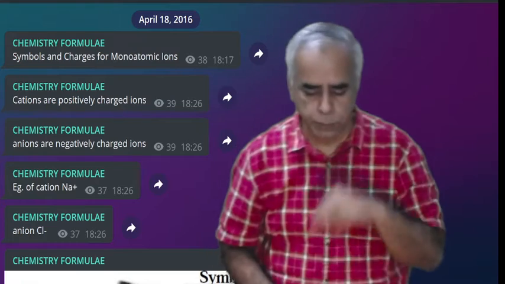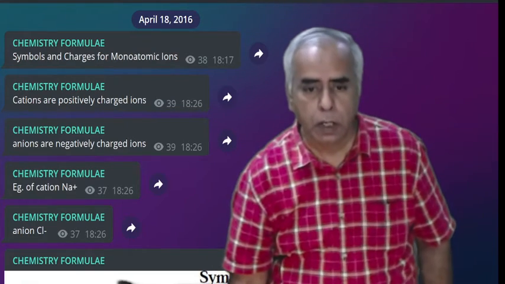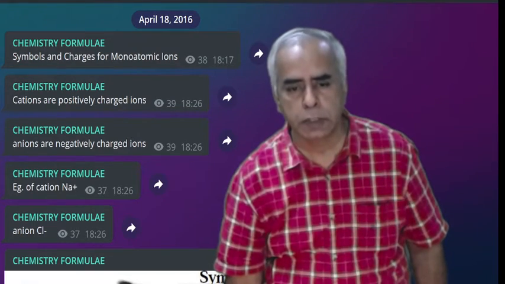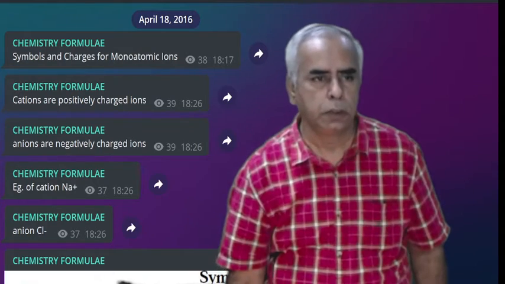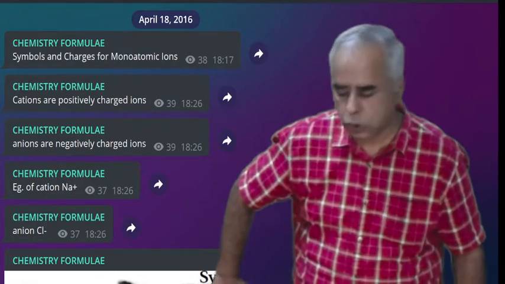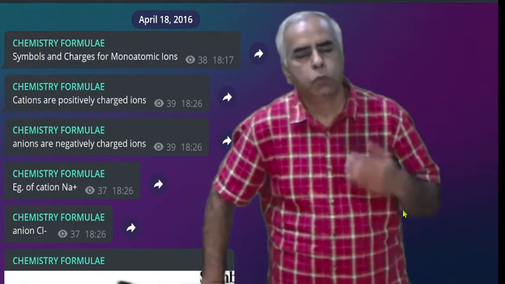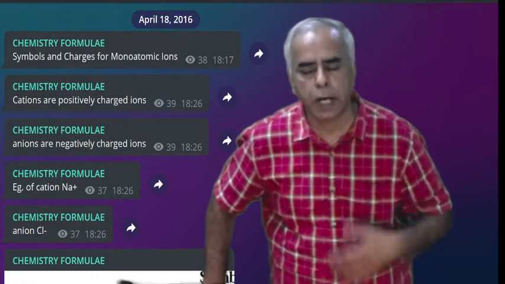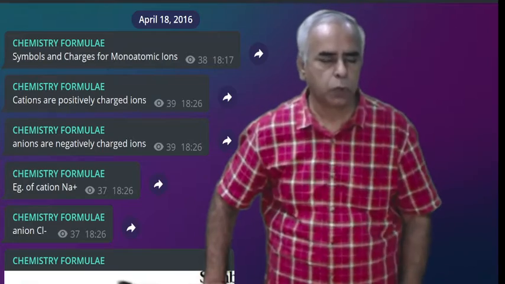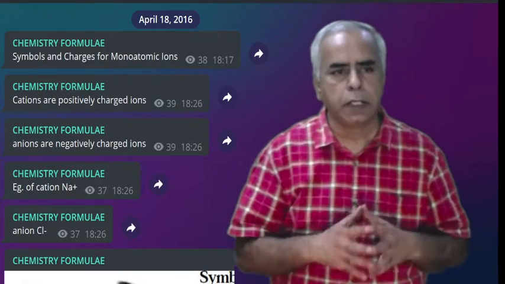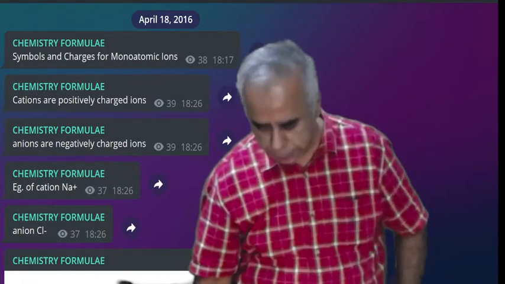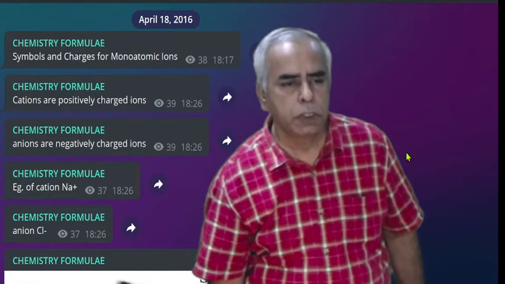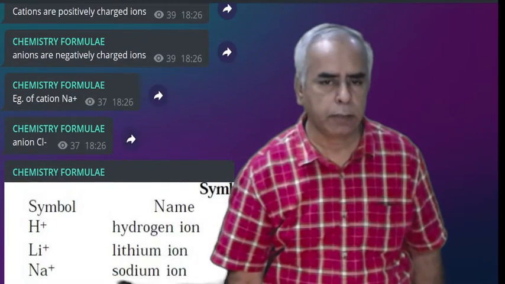Okay, right. Now let me give you various examples of the symbols and charges of monoatomic, diatomic, triatomic and polyatomic cations and anions. Cations are positively charged and anions are negatively charged.